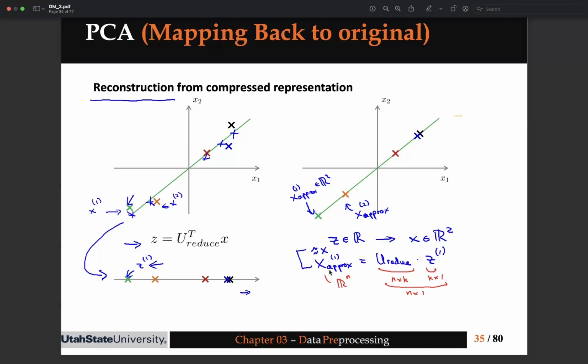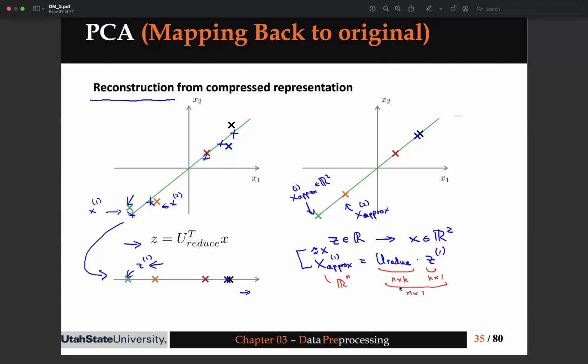If you compare the X approximation with the original X in R n, that tells me this is how much information I lost, and this is the error when mapping into the PCA space, which is the low dimensional space in this case. Of course, if you look here at the dimensions, X approximation will be in N, right? So we have N features. So of course, the approximation of X will be in N.